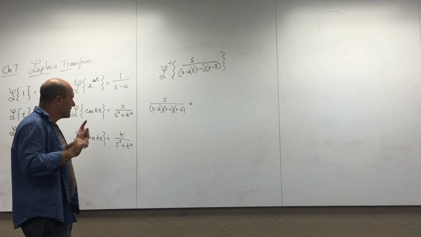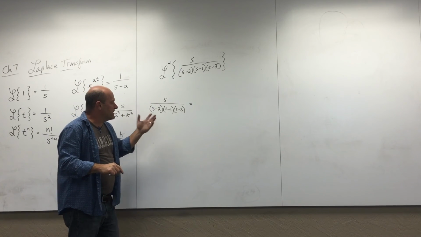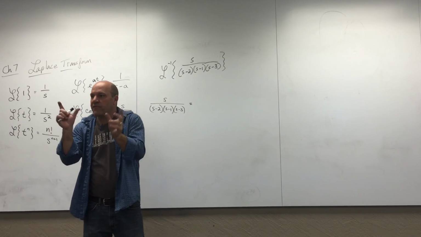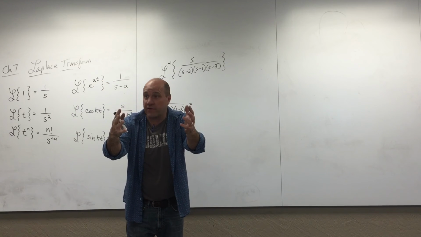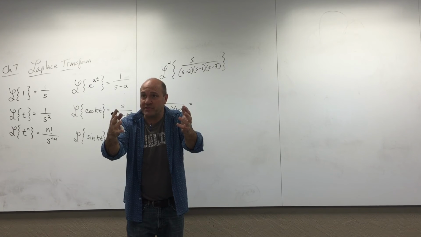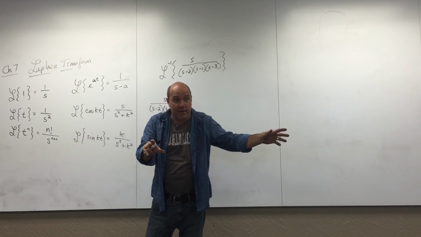See, what we're doing is, this is weird. A lot of times you have different denominators and you want to get a common denominator and get something together. Well, we're doing the exact opposite. I've got a common denominator and I want to decompose it into individual denominators.